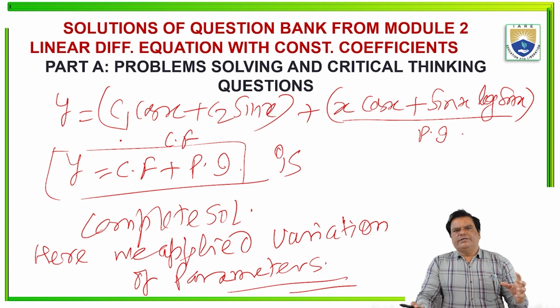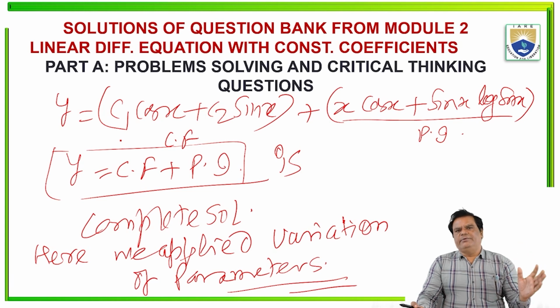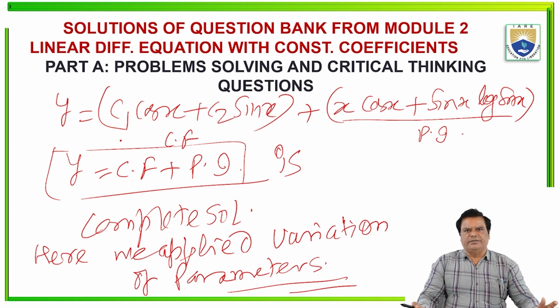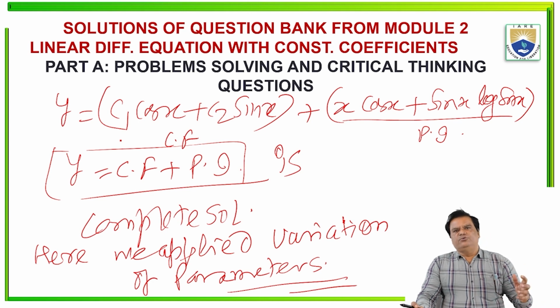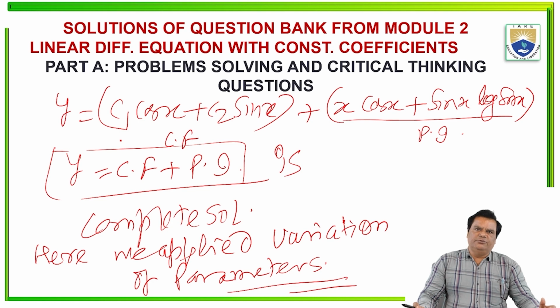In the complementary function there are two arbitrary constants c1 and c2 and two functions y1 and y2. So c1 y1 plus c2 y2 is the complementary function, which is the complete solution of the differential equation after putting RHS equal to 0.